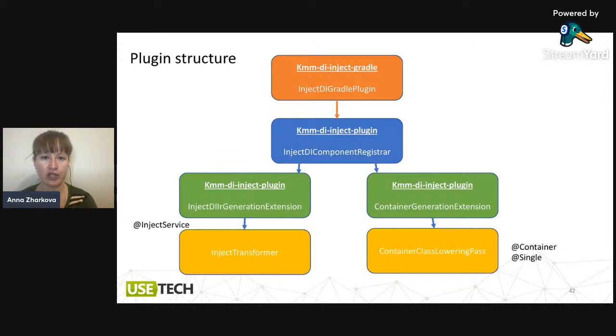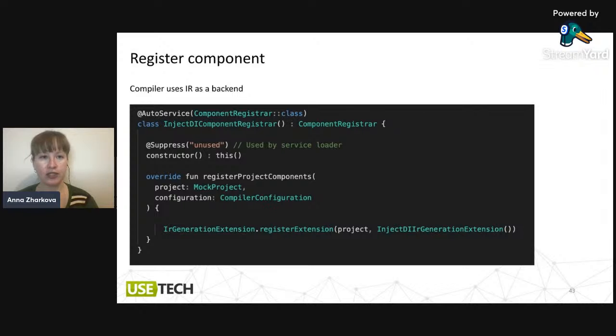There will be no transformation, but there will be an addition to existing code. We will use a container class lowering pass, and we will use every extension for different processing. So at first, let's create our registration for our extensions.